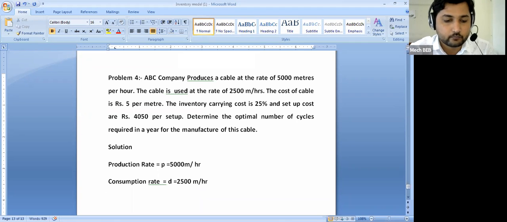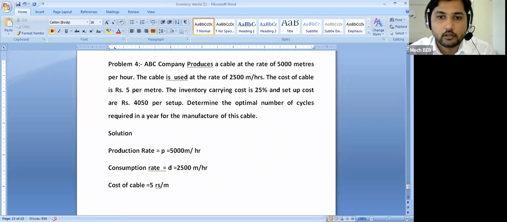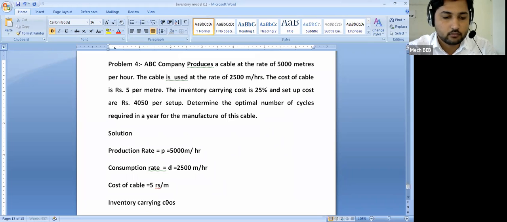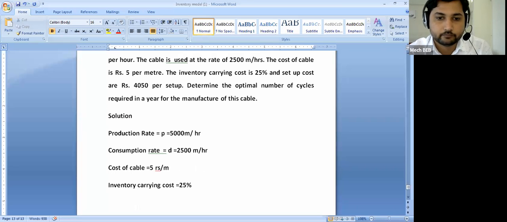Next, the cost of a cable, which is equal to 5 rupees per meter. Then next, the inventory carrying cost, which is equal to 25%, so that we can calculate the inventory carrying cost.